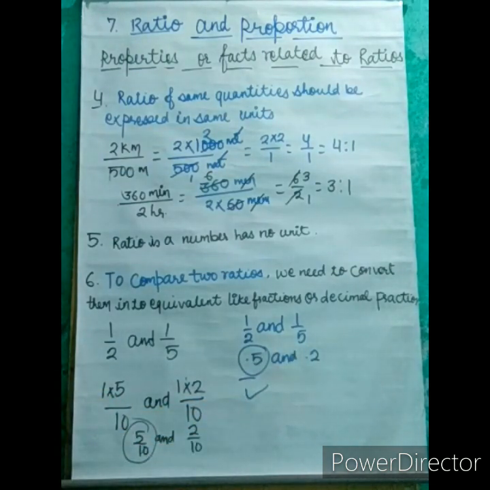For comparing two fractions, you can convert them into like fractions by taking the LCM of their denominators, or you can convert these fractions into decimal fractions.